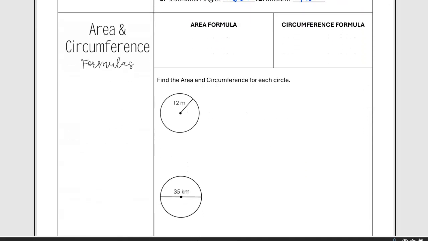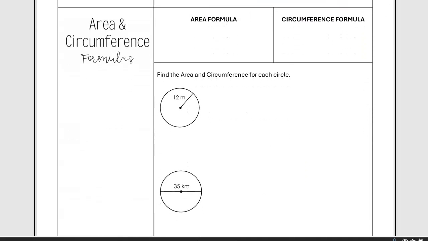Okay, now let's talk about area and circumference. So again, our area formula for a circle is pi r squared. And our circumference is C equals 2 pi times the radius, or C equals pi times the diameter. So let's look at our first example. We want to find the area and the circumference for this circle with a radius of 12 meters.